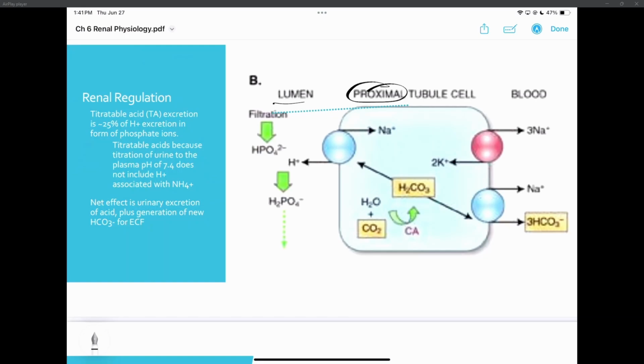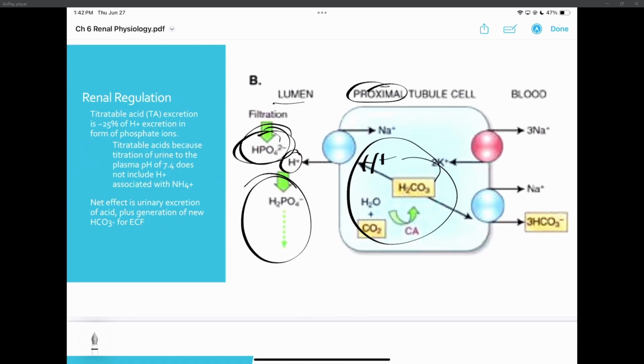So again, same thing, we have HPO4 2 minus, which is your phosphate. It combines with a hydrogen that's, again, created within the tubular cell through the work of carbonic anhydrase, which is what binds the phosphate to make H2PO4 minus. Again, we're able to titrate our hydrogen ions by binding them to the phosphate.